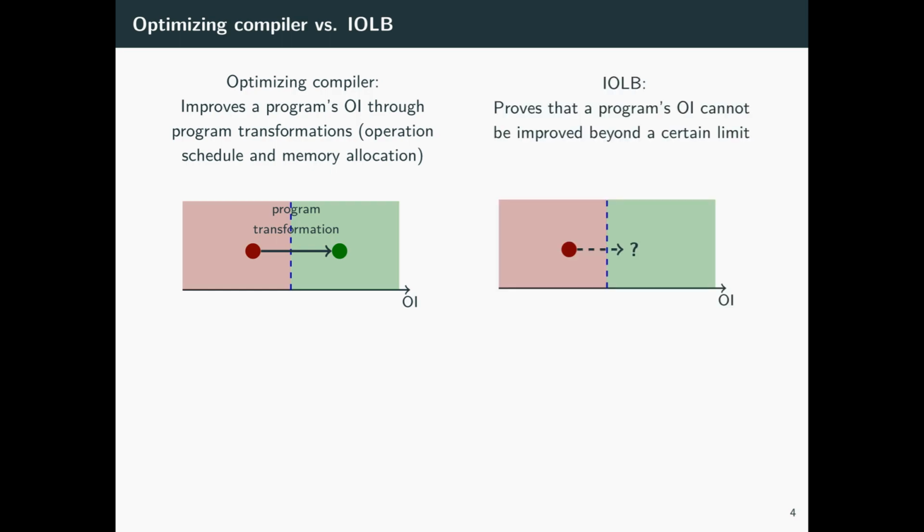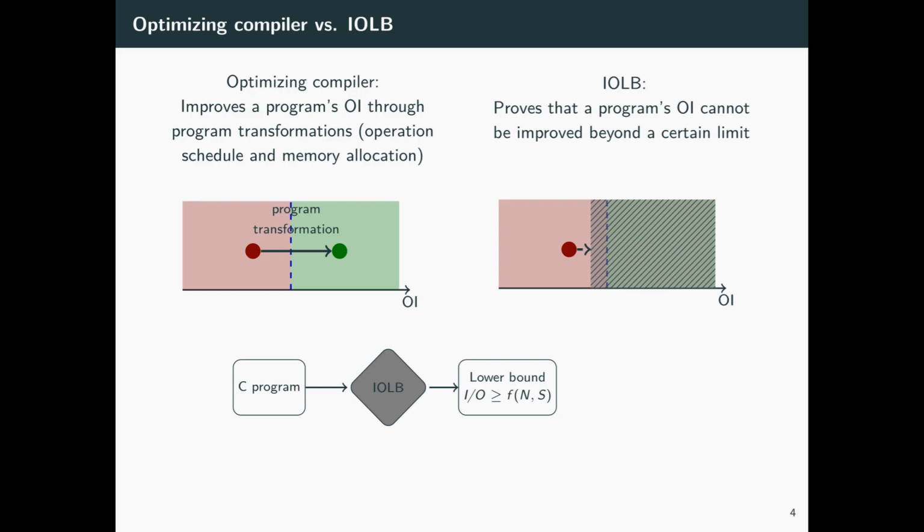On the other hand, IOLB, the tool we developed, proves that a program's operational intensity cannot be improved beyond a certain limit. So you have a program, you want to know whether it's possible to improve it, and IOLB will tell you either yes, there is some room to improve it, or no, there is no way you can do anything.